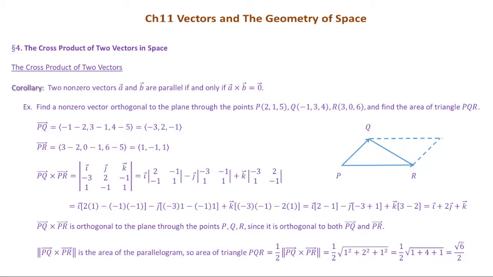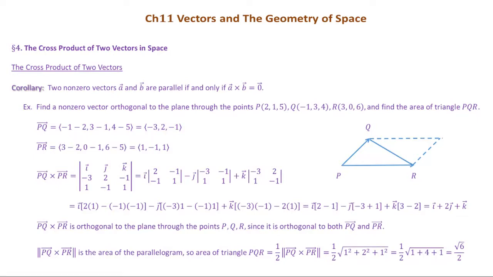So we get the determinant of i, j, k; -3, 2, -1; 1, -1, 1. Then just use the definition of the determinant.